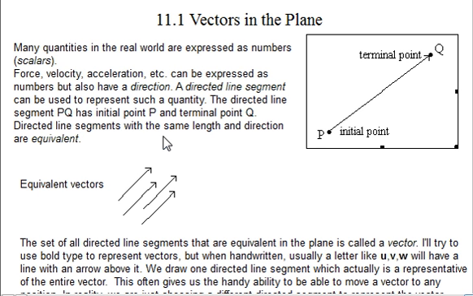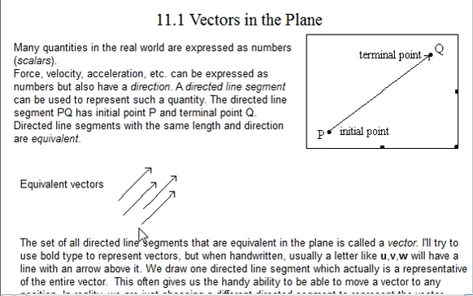So, directed line segments with the same length and direction are called equivalent. If you could imagine, if you had some kind of a piece of stuff here, and you acted on that piece of stuff with a force of 50 pounds in this direction, it would be the same as if you pushed it with a force of 50 pounds in the same direction.